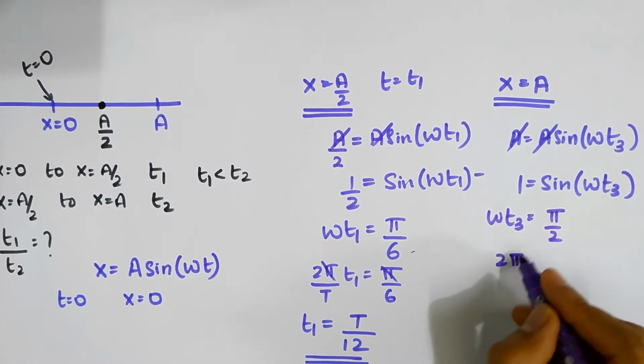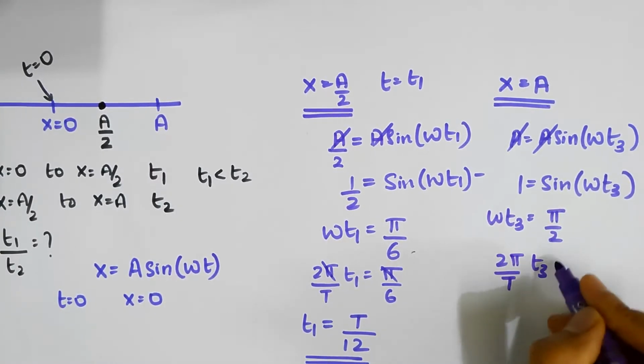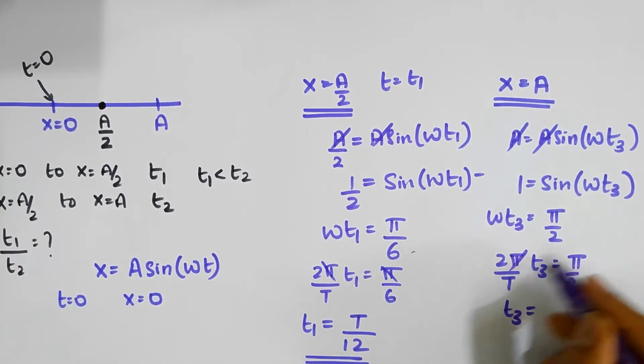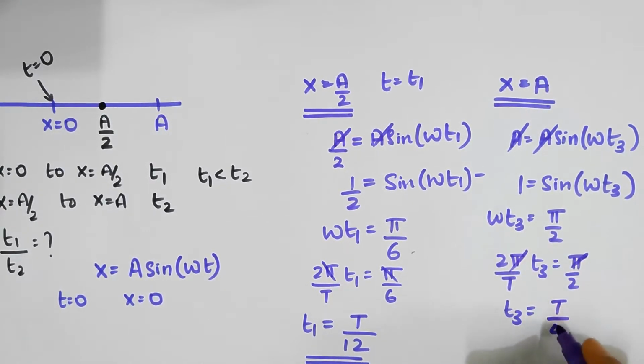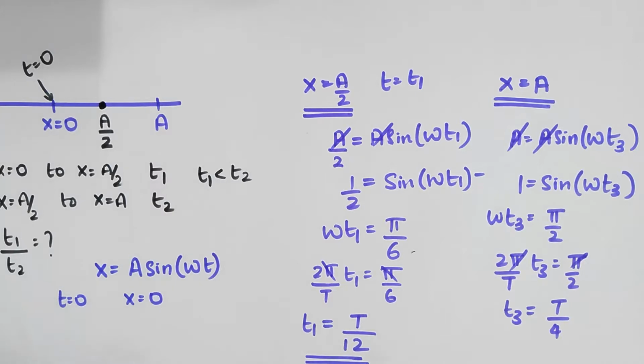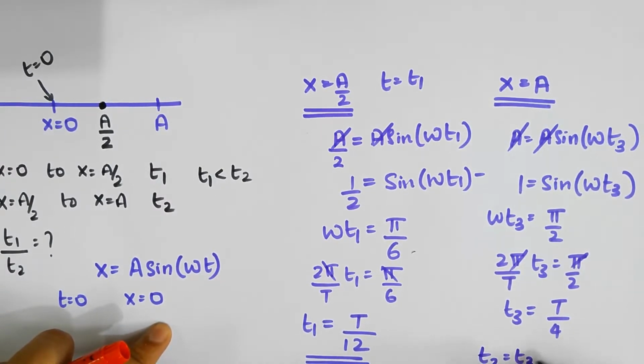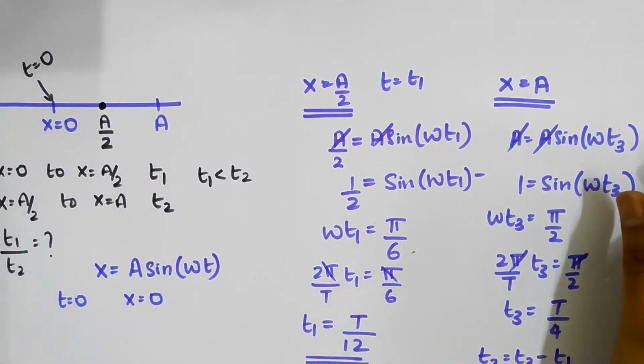So 2 pi by T into t3 is equal to pi by 2. So t3 is capital T divided by 4. There we have it. I told you the time it takes is 1/4, but that's not what we're interested in. We're interested in calculating time t2. That's t3 minus t1.